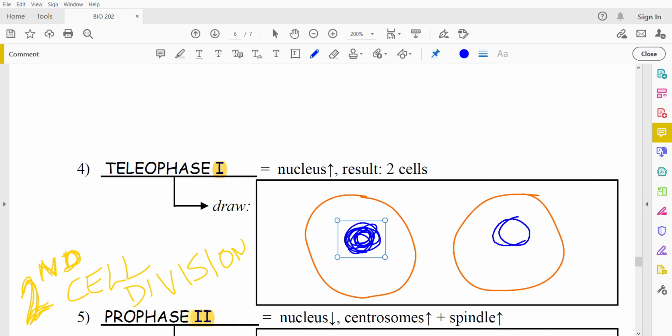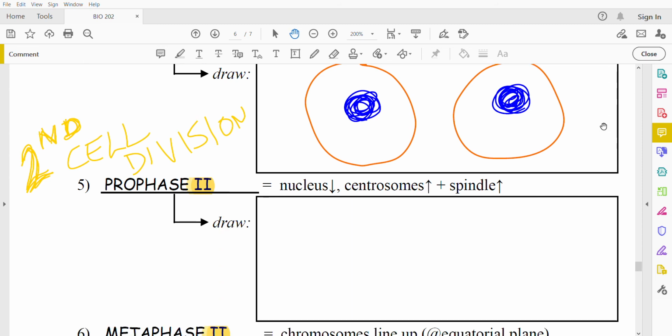So we have now completed the first cell division of our meiotic cell cycle. So that's the end of that as the telophase 1. Now we move on to the second cell cycle. And we're going to go to the prophase 2.